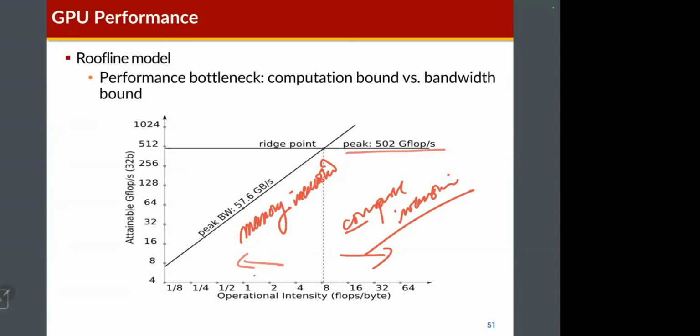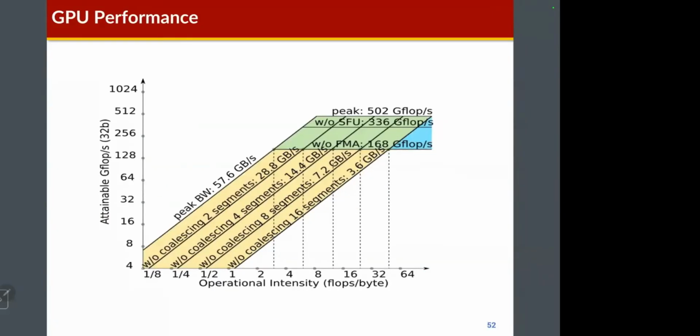Then based on the characteristics of an application, its operational intensity, we can expect the performance of the application using the roofline model. And then we can apply different architectural techniques on the GPU, and using these techniques we can also improve the performance of the GPU.